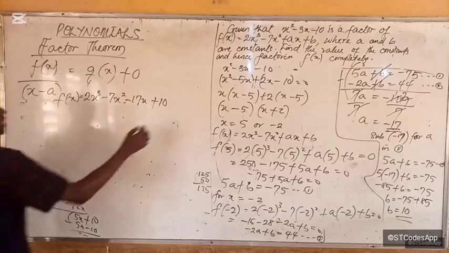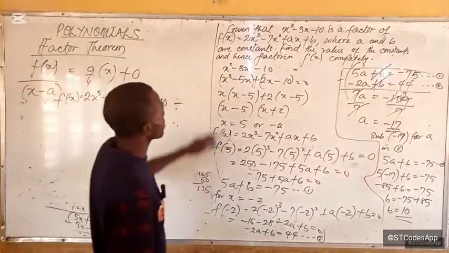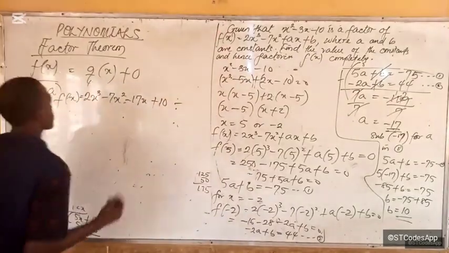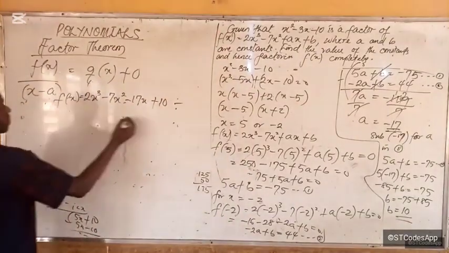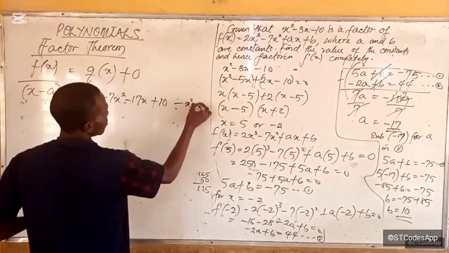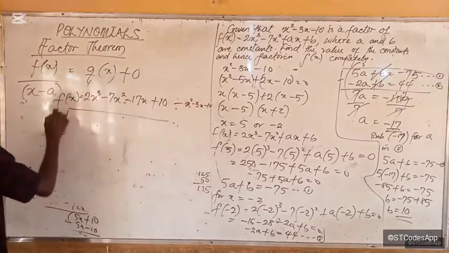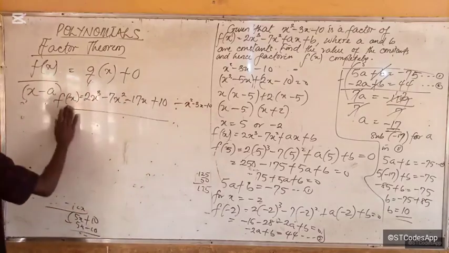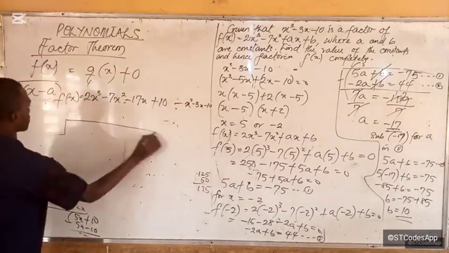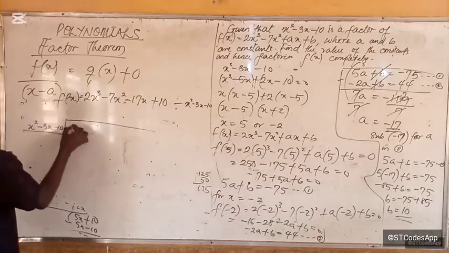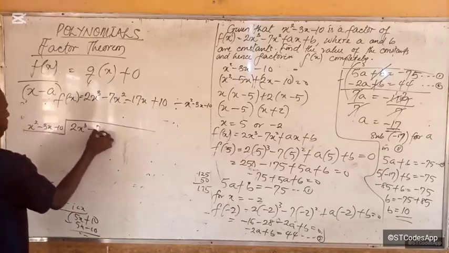So we want to divide that by this factor, so that we'll get the last factor. So divided by x squared minus 3x minus 10. So we'll come here. We have x squared minus 3x minus 10. So we use it to divide this.